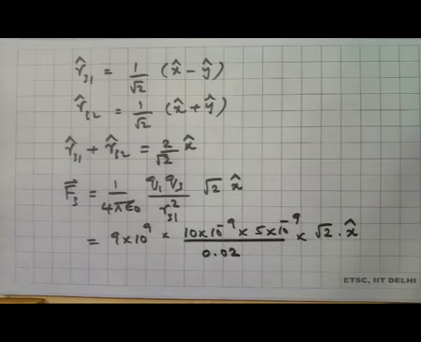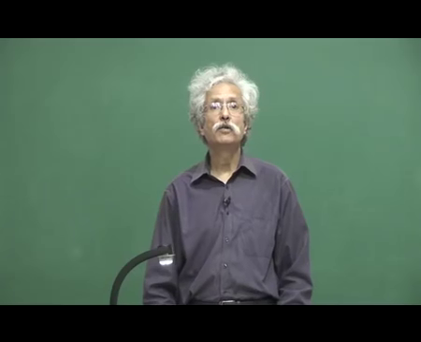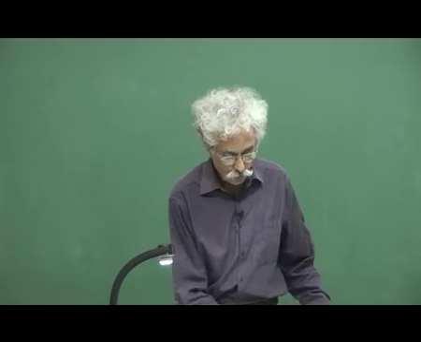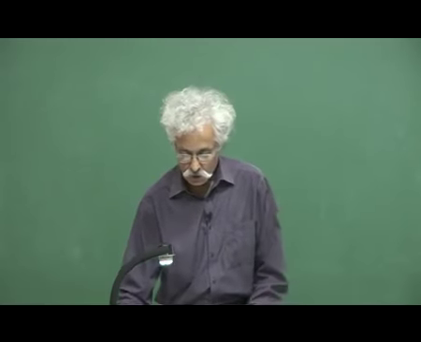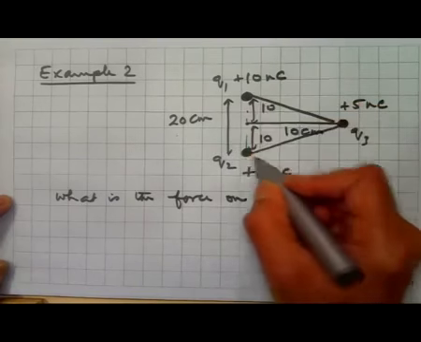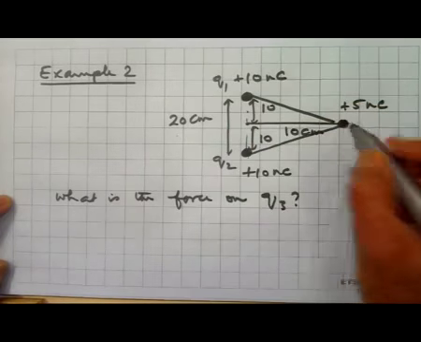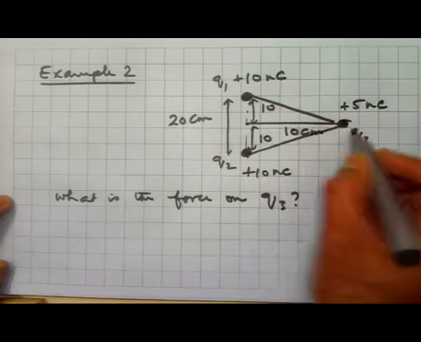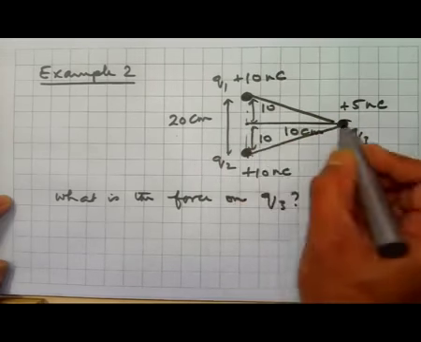So, we can calculate this and find out the net force acting on the charge, but as you can see from here, the problem has nice symmetry, because these charges are equal in magnitude and the distances are equal. This charge and this charge are both positive, and this is also positive.